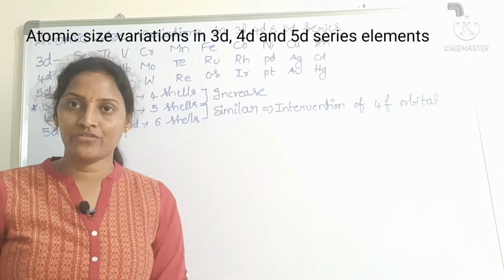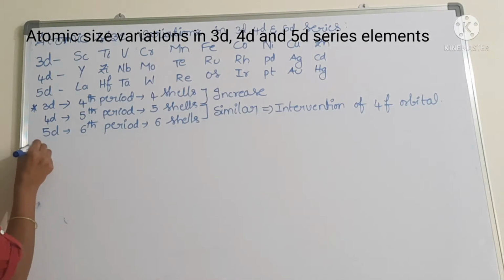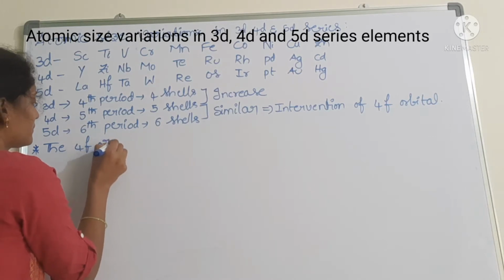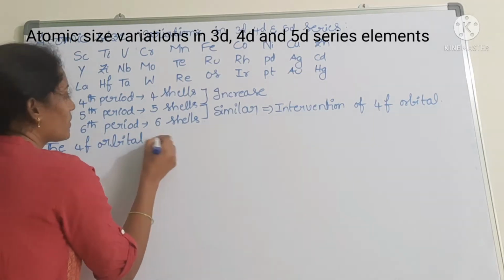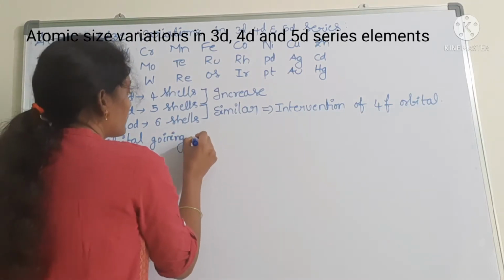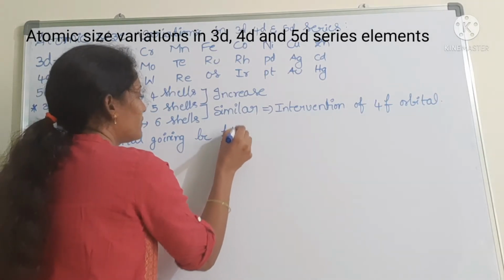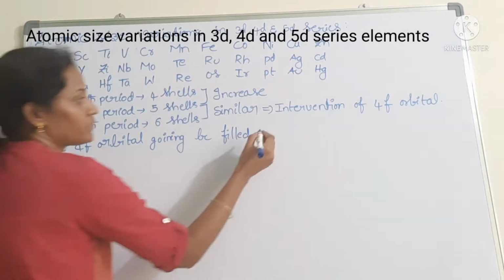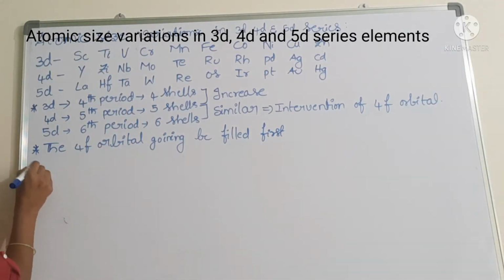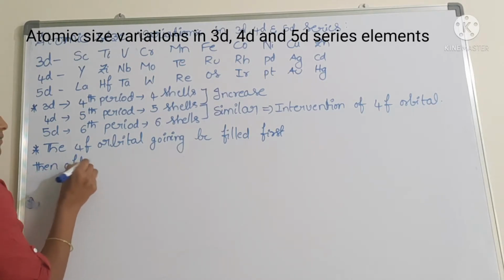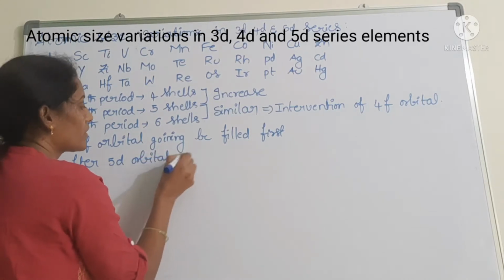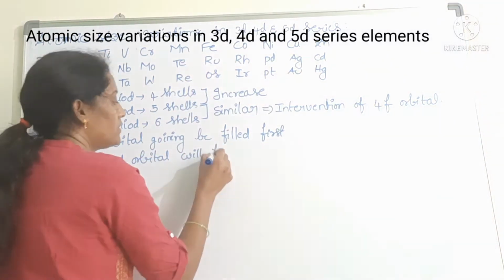It is nothing but the 4f orbital going to be filled first. Then after, the 5d orbital will fill.